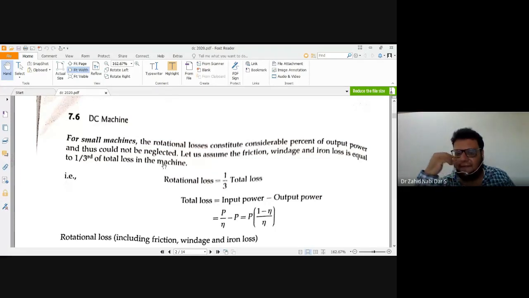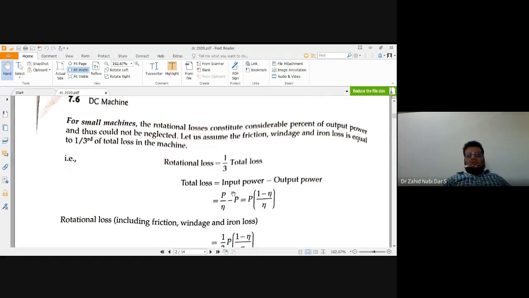So the only thing is that the current will depend upon the load which you are connecting. Now the rotational loss here is very small compared to this loss. The total loss would be input power minus output power.